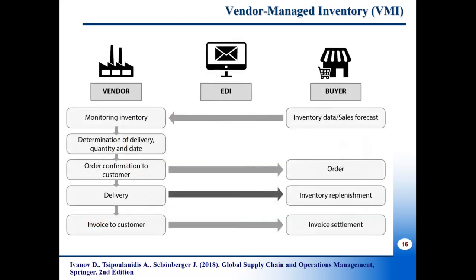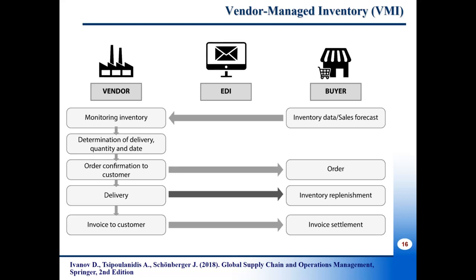Now let's go to the next slide. The figure of this slide shows that with VMI, the vendor controls inventory at the buyer side. The buyer provides information on inventory and sales. The vendor has a responsibility to monitor the buyer's inventory level and therefore plan when to deliver and how much to deliver to the buyer.